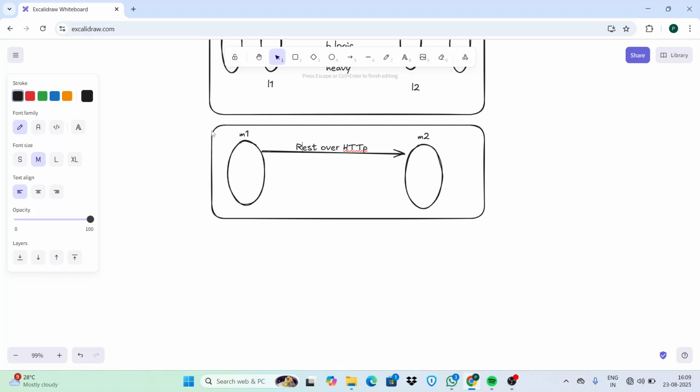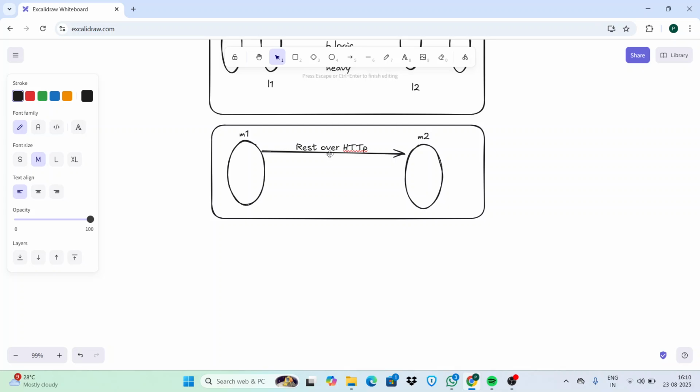That means this M1 should be designed, should be coded so that M1 is responsible to process the end to end function, and the communication should be simple.